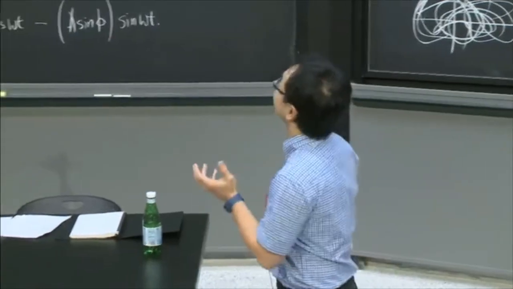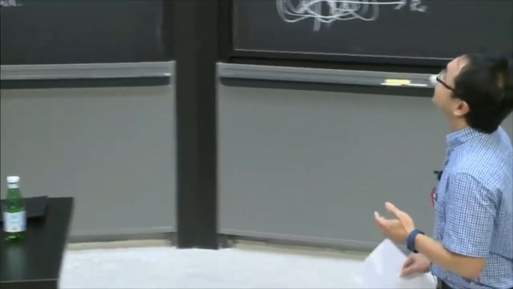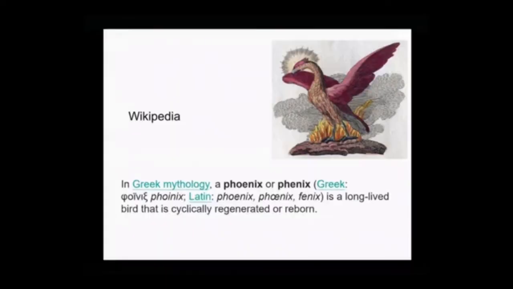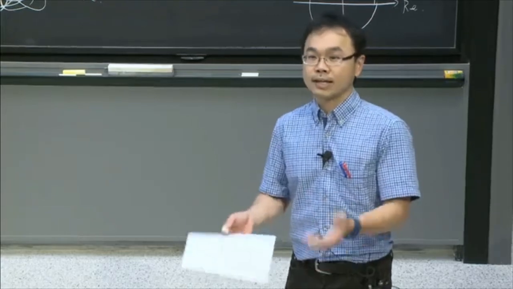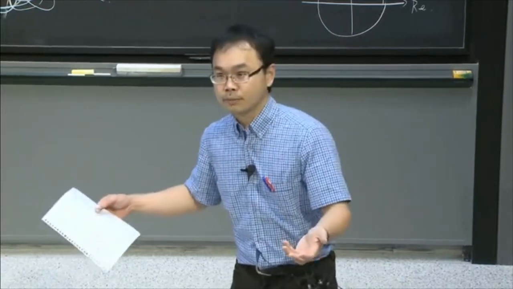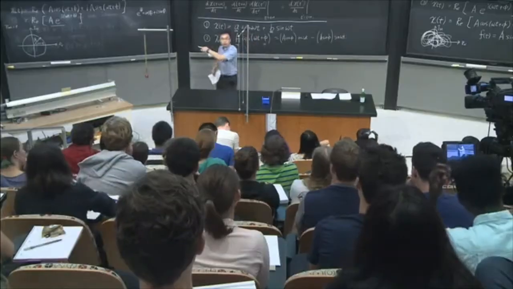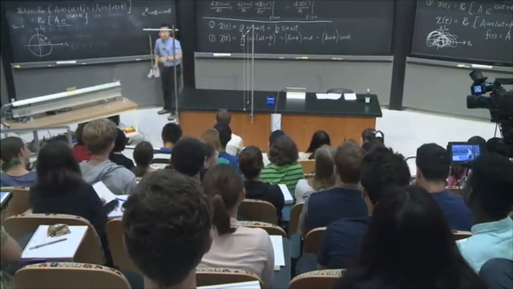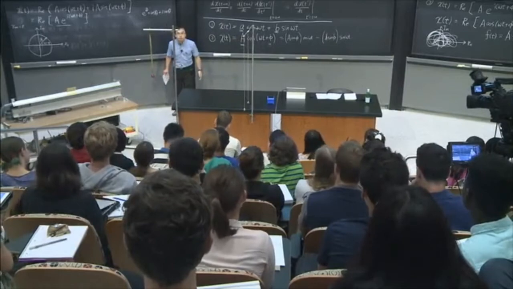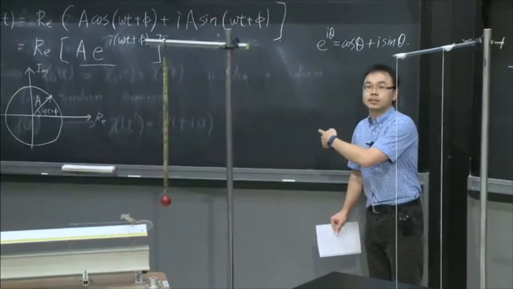Phoenix is actually some kind of animal, a long-lived bird, which is cyclically regenerated or reborn. So basically, when this phoenix dies, it will lay an egg in the fire, and it will be reborn. This is actually the same as this function. I can do differentiation. It is still an exponential function.